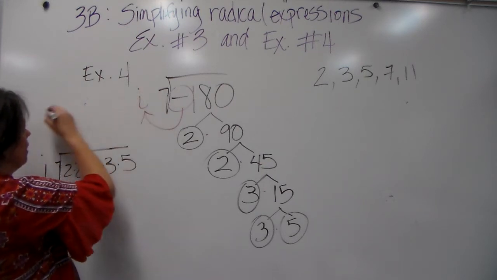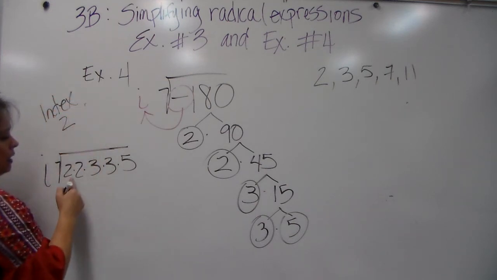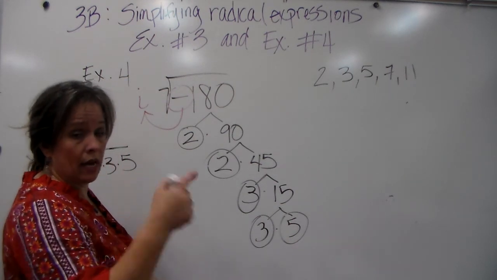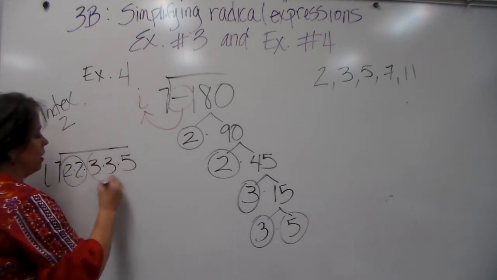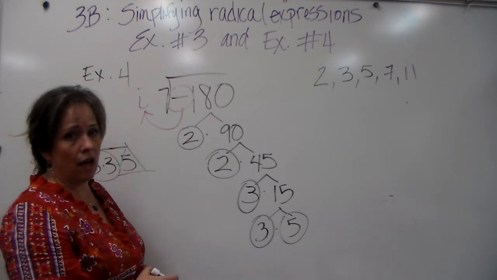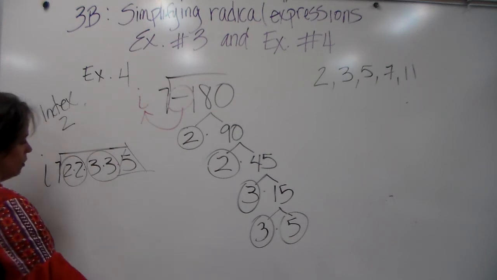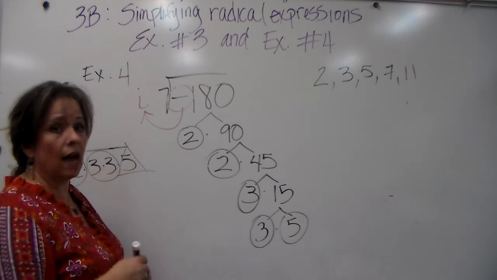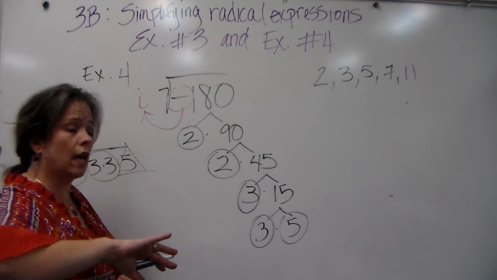And because we have an invisible index of 2 for the square root, we need 2 of the same term on the inside for them to break out, okay? So we have 2 terms that are the same there, 2 terms that are the same there, but our 5 does not have a match. Okay, so on the outside, when our terms break out, remember, 2 on the inside, we'll have 1 on the outside. They're multiplying on the inside. They're also going to be multiplying on the outside.